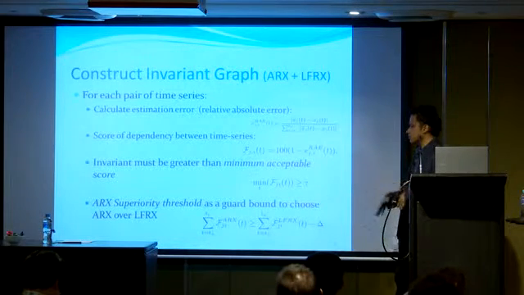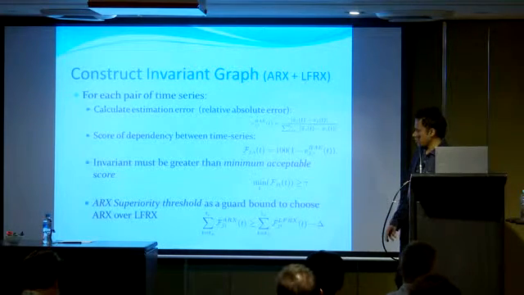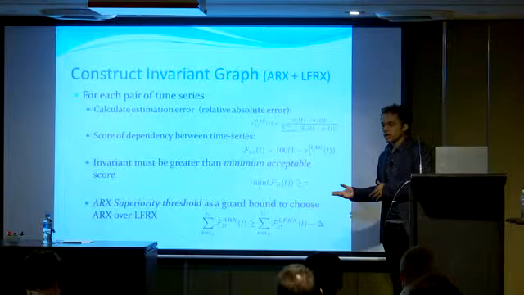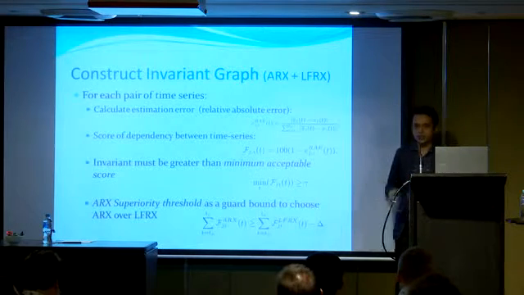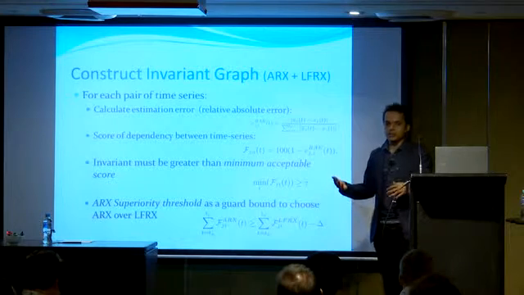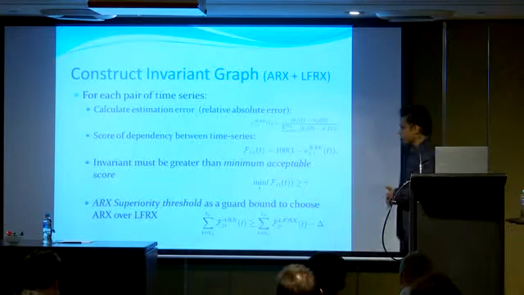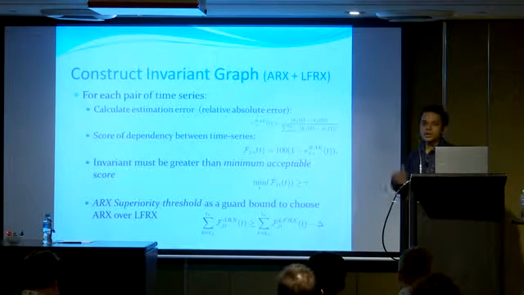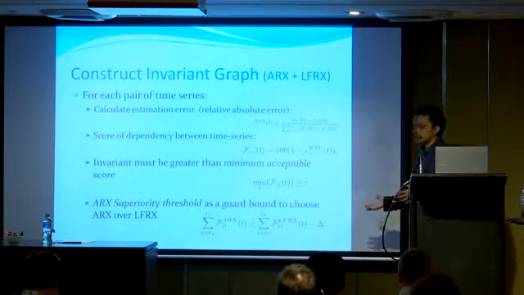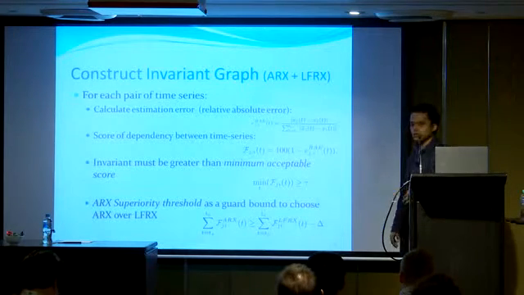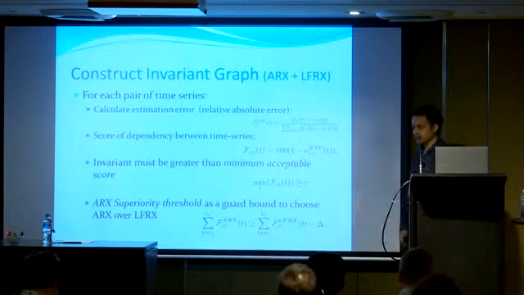So what the authors did was they first computed the score from ARX between two nodes, and if that accuracy score is sufficiently high, you say that j and i are already connected by ARX. But if that's not sufficiently high, then you next compute the LFRX, and if that is higher than the pre-specified threshold, then you say it's okay. They're at least connected through the LFRX.